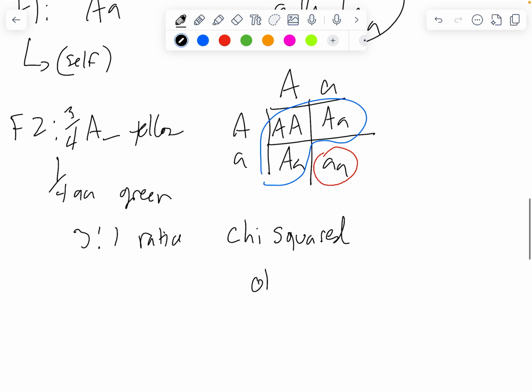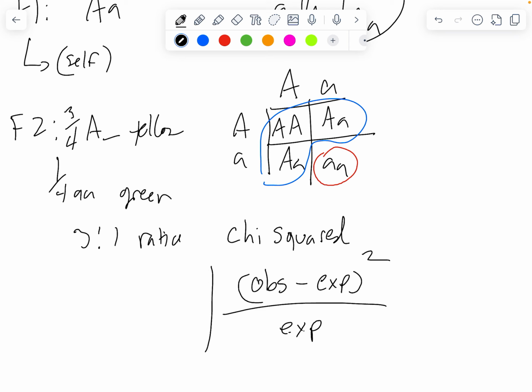So our observation minus our expectation squared divided by our expectation. And that gives us our chi-squared value, and so we know if that's larger than our test value, then our difference is significant, and if it's not, then our difference is not significant.